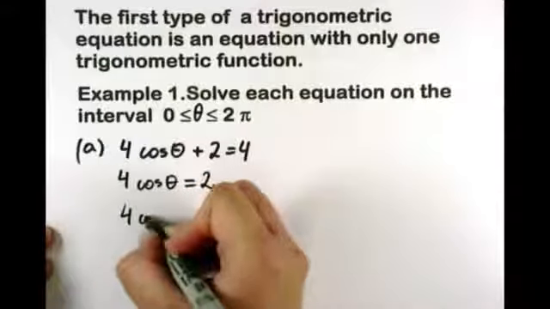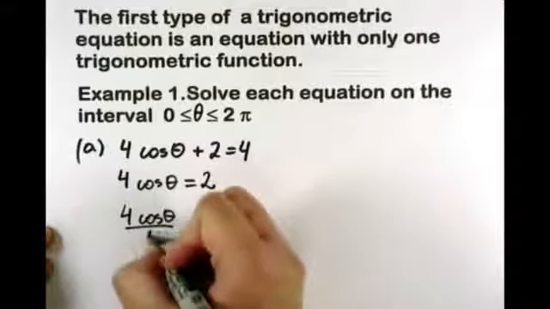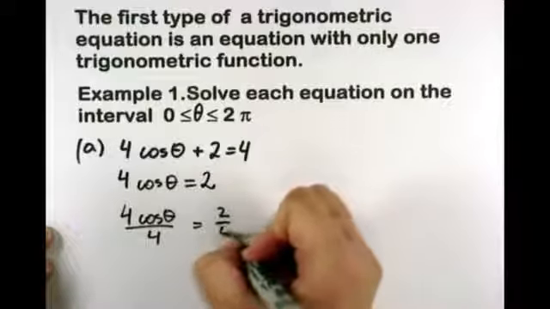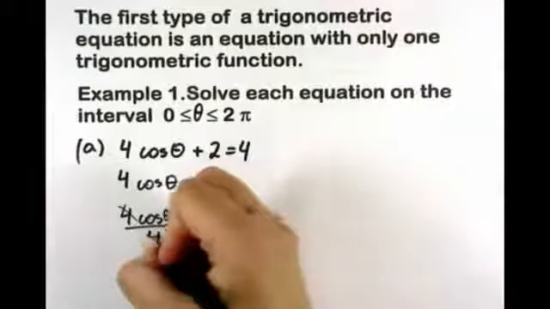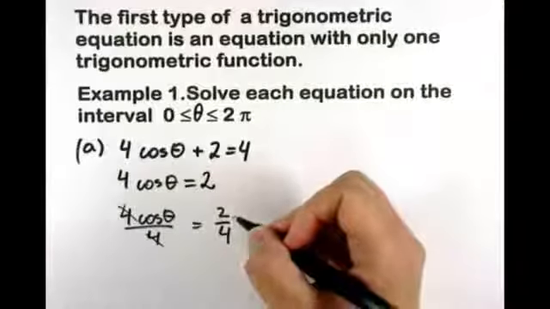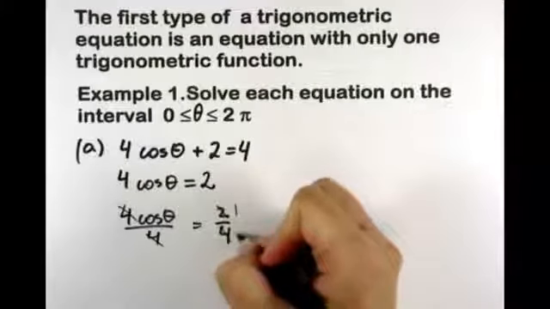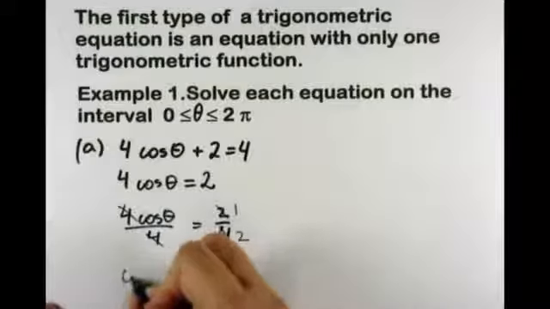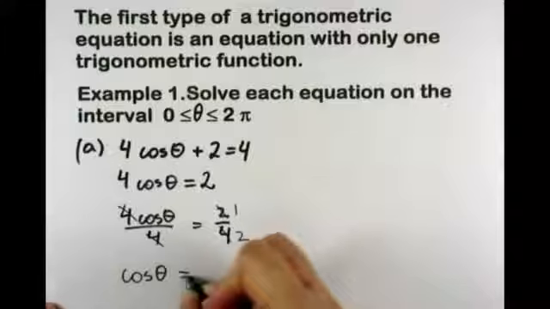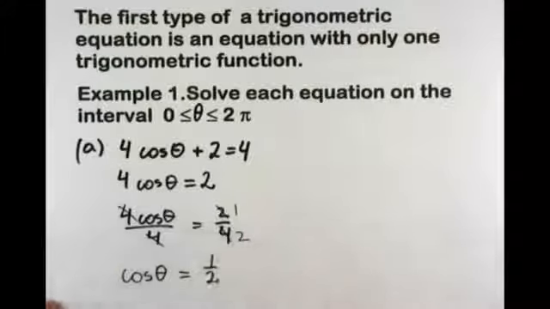So we have 4 cos theta divided by 4, and 2 over 4. 4 divided by 4 is 1, and 2 over 4 reduces by 2, so it's 1 over 2. So cos theta is equal to 1/2.